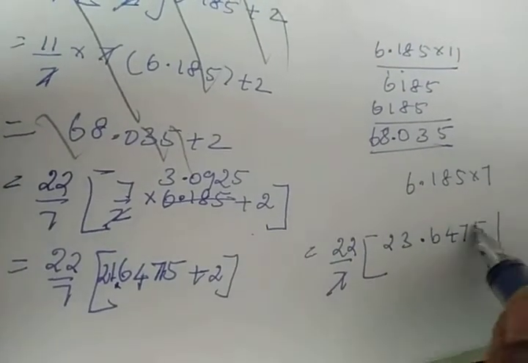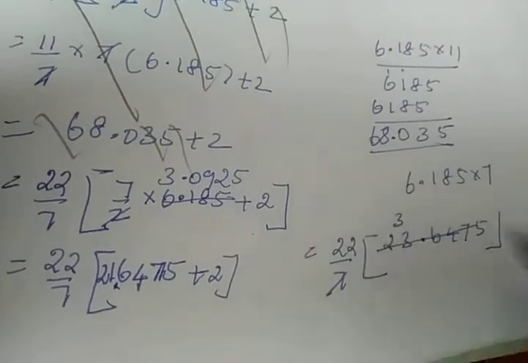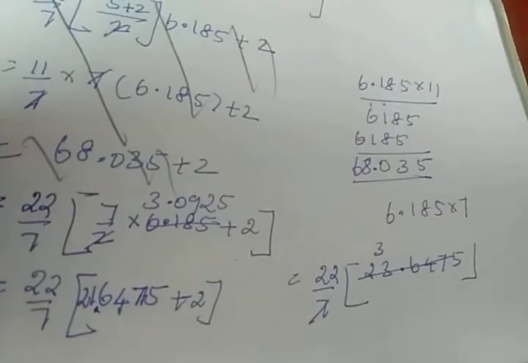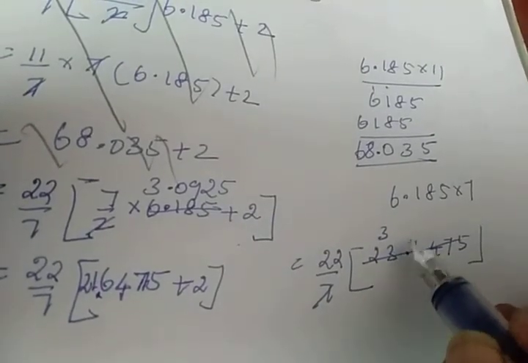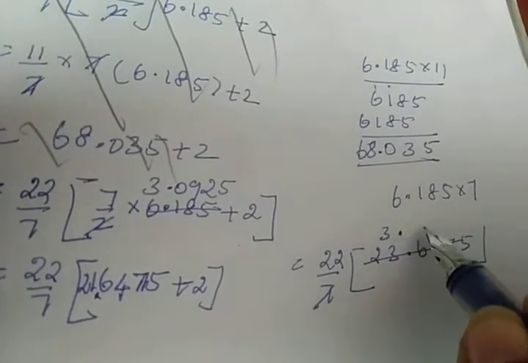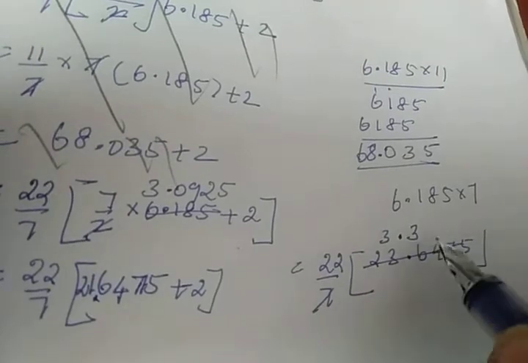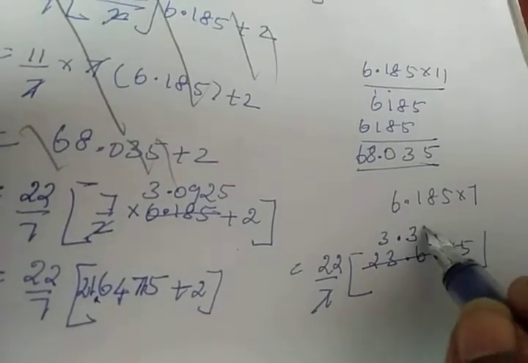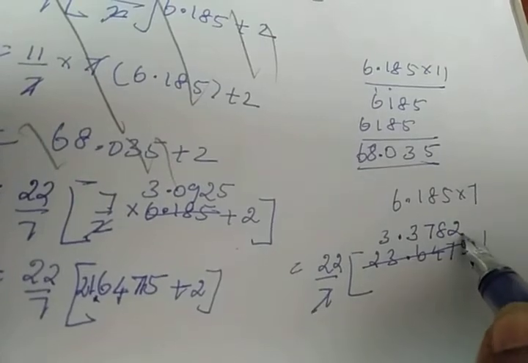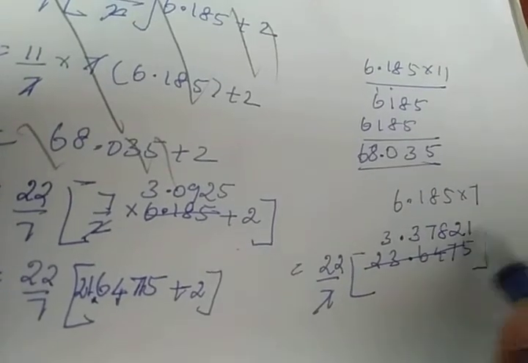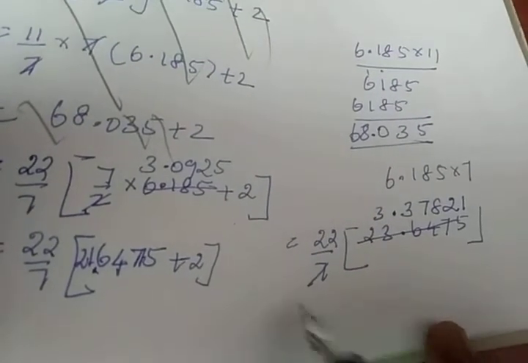Cancel it. 3 7s are 21, balance 2, 26. It goes on as such. We will stop here, 3.37821. Now we will multiply this answer by 22.